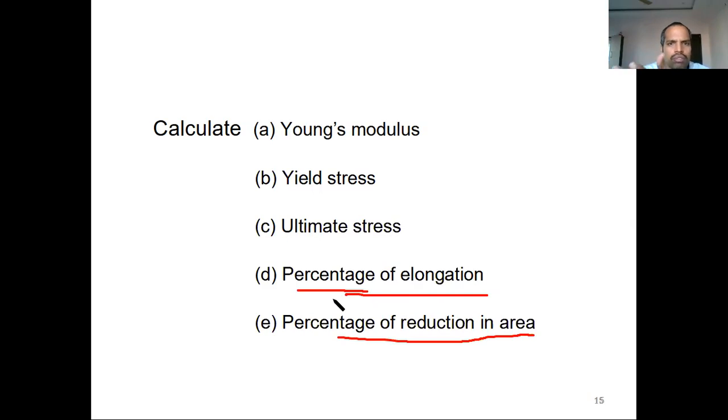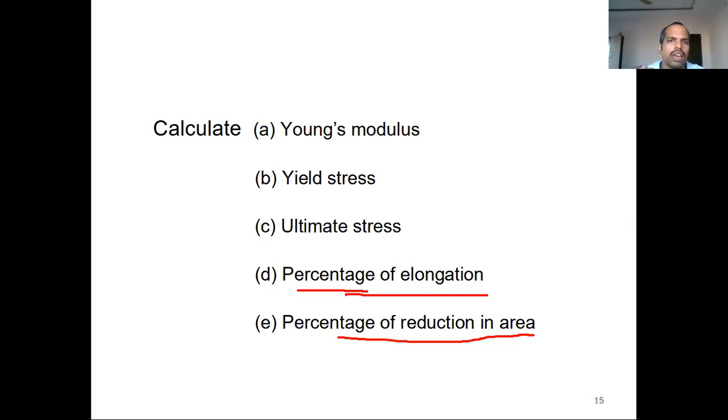So what is Young's modulus? Stress by strain. What is the stress? Load by area. And what is the strain? Strain is delta L by L. We can calculate Young's modulus using the first data, given at a load of 30 kilonewtons, where the extension is 0.1 mm.